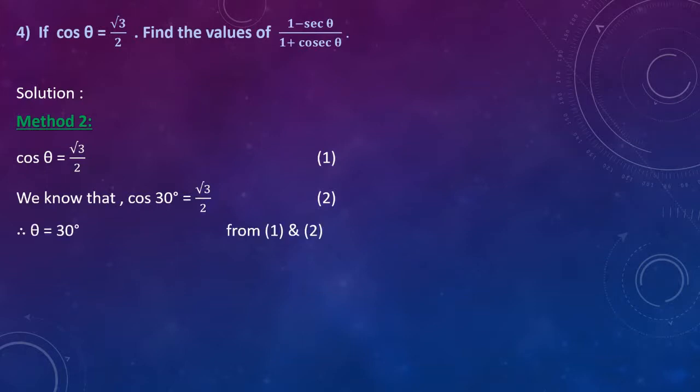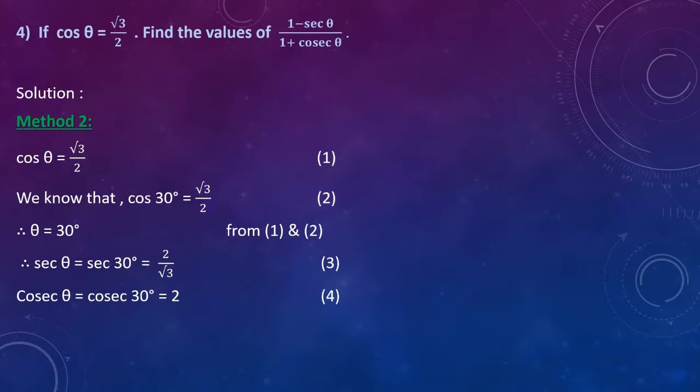Therefore we can say from equation 1 and 2 that both the values of cos theta and cos 30 degree are one and the same. So we can say that theta is equal to 30 degree. The value of theta is 30 degree. So now we can also find out sec theta is equal to sec 30 degree, and from the table we can also state that sec 30 degree is what? 2 upon root 3. So now let it be equation number 3.